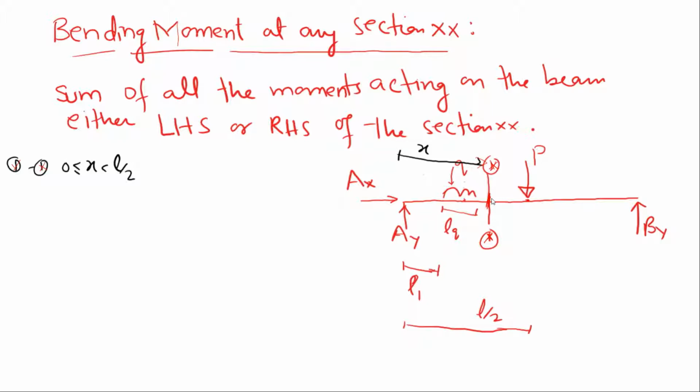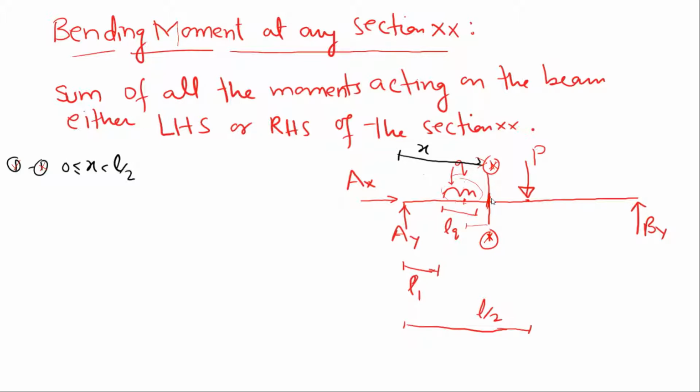So AY multiplied by distance x: this is the force multiplied by the distance, which makes a moment, so AY into x. Another transverse force would be q multiplied by lq, and then the distance to this section.